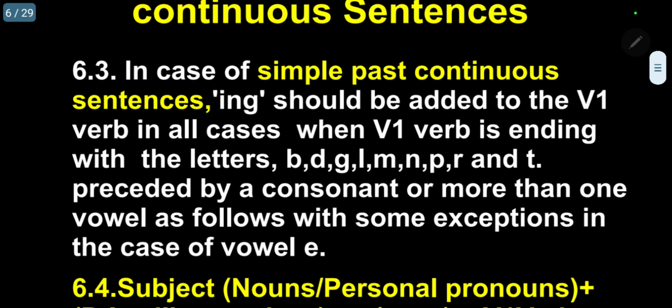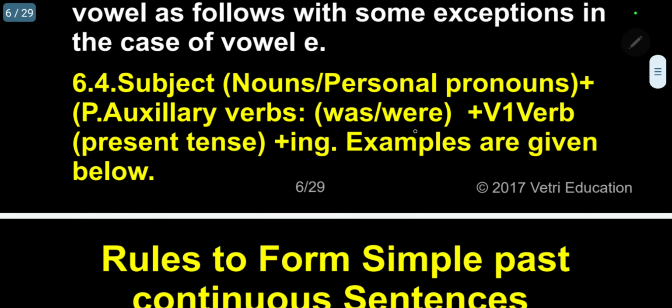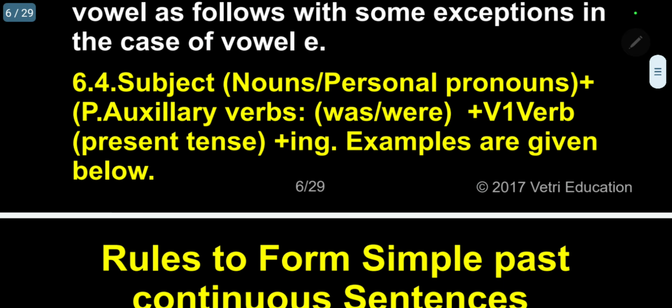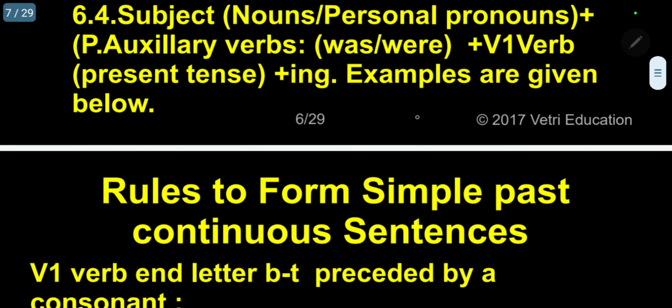Now let me go for examples. See here: a subject, nouns, personal pronouns. When you want to create simple past continuous sentences, add the primary auxiliaries was, were, depending upon singular or plural, then the V1 verb, present tense, plus ing. Examples are given below.